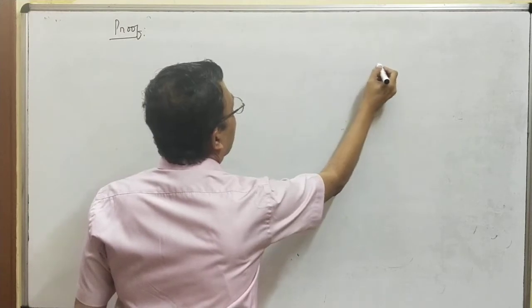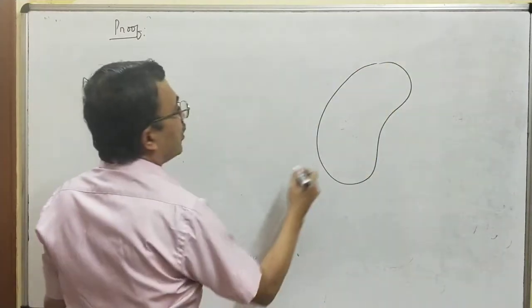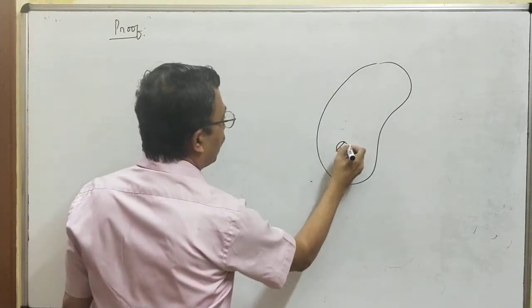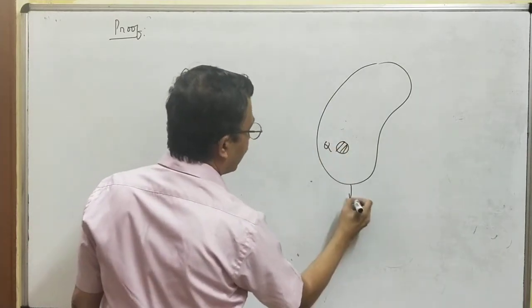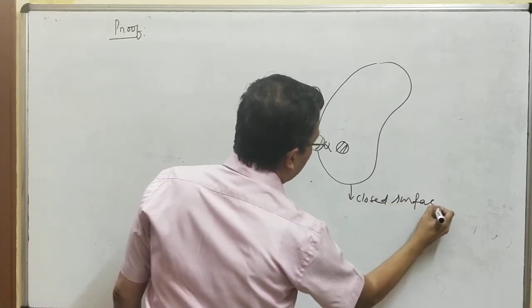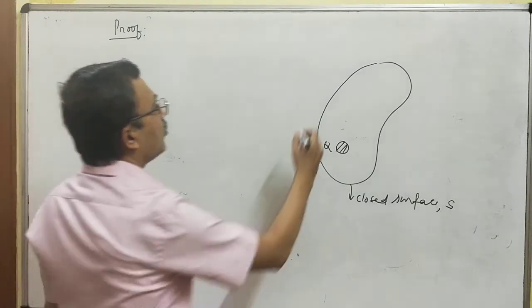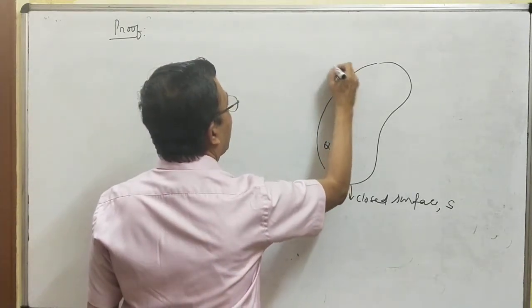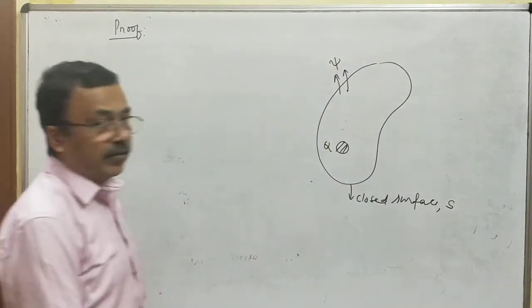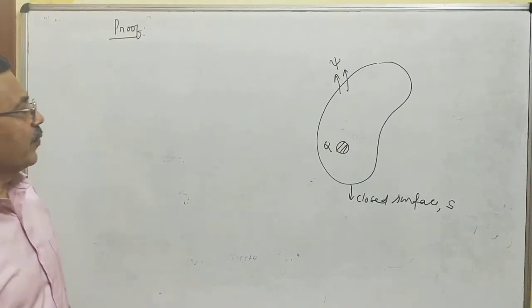Let me take a closed surface, an arbitrary closed surface. Let this closed surface enclose a charge Q. This is some arbitrary closed surface S. We have to prove that the electric flux psi coming out of this closed surface is equal to Q. This is the proof that is required.